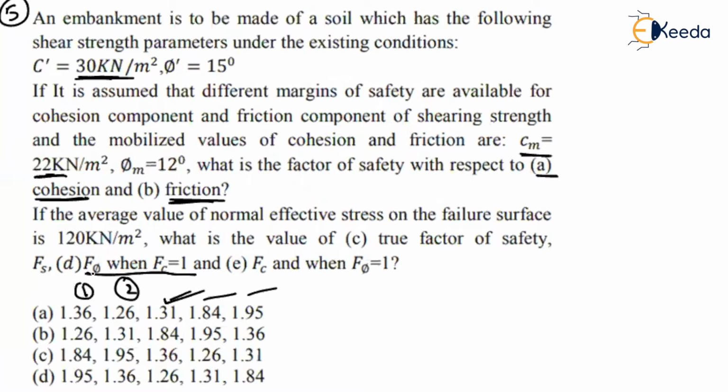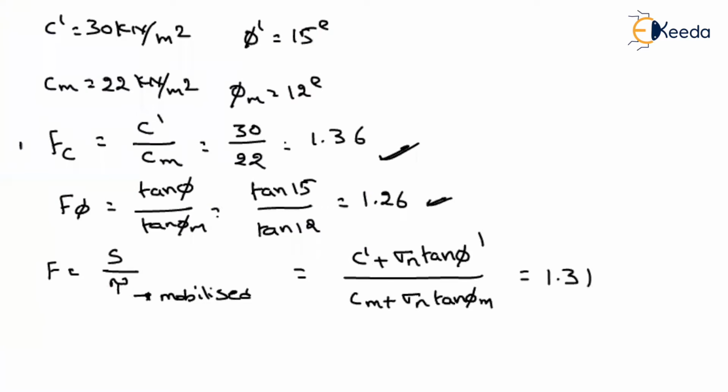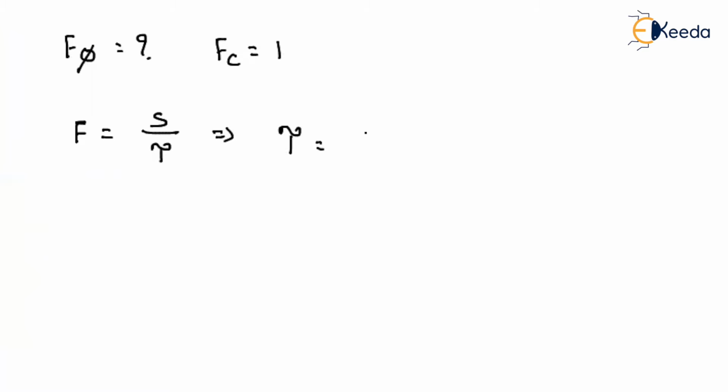We have to find the factor of safety with respect to friction when Fc is equal to 1. So we have to find F phi when the factor of safety with respect to cohesion is equal to 1. If I separate the equation we have written, F is equal to S divided by tau, which implies tau is equal to S divided by the factor of safety.